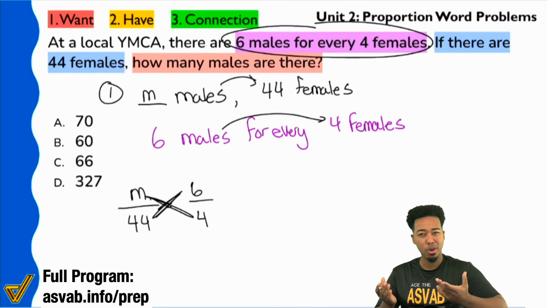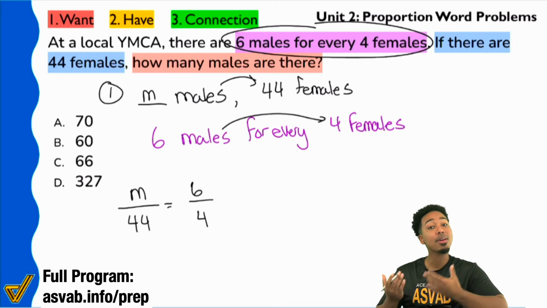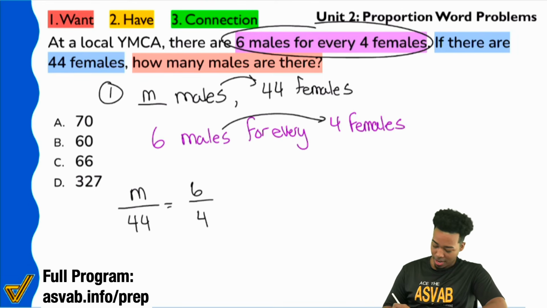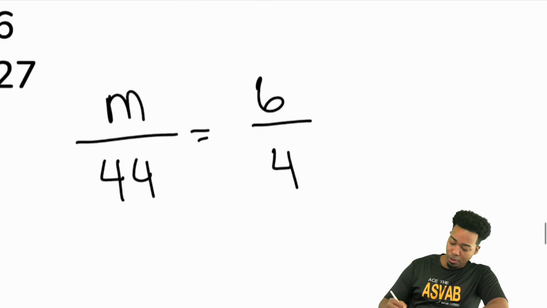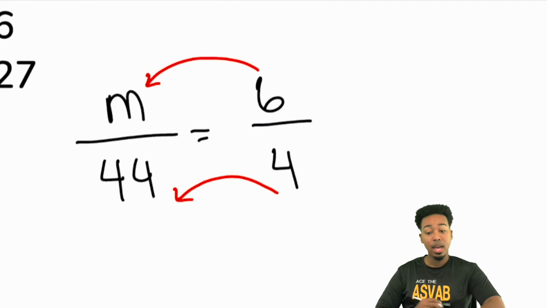But you don't have to do all that work. You don't. Because one thing I noticed is that if you compare the same things in the same way, you can get this done mentally right here. Notice that if you're trying to go from 6 to the answer, that's going to be the same way as 4 to 44. Again, compare the same things in the same way.